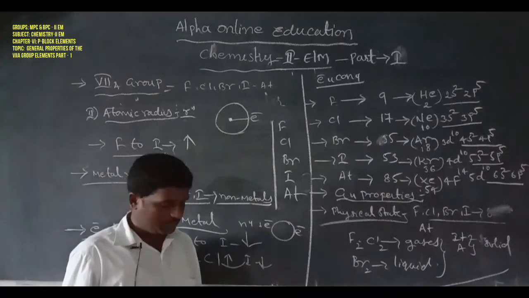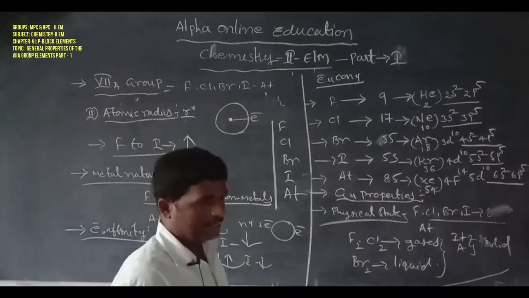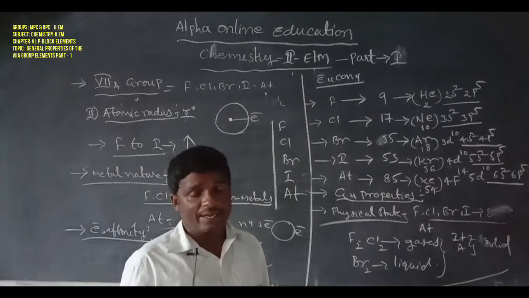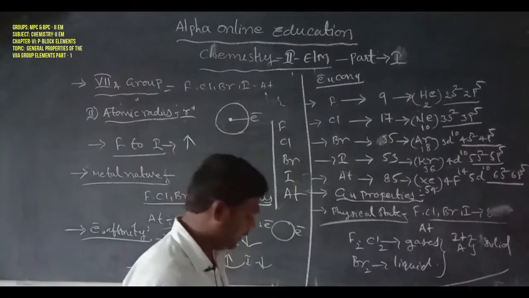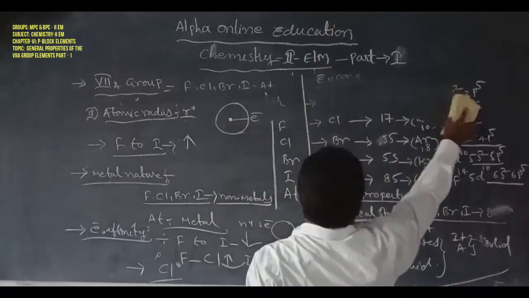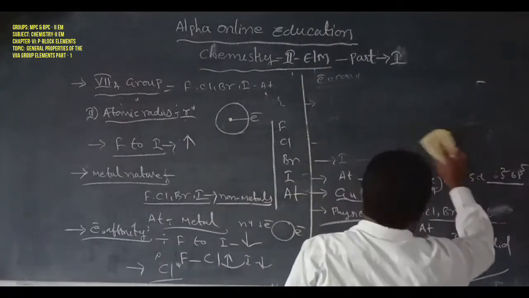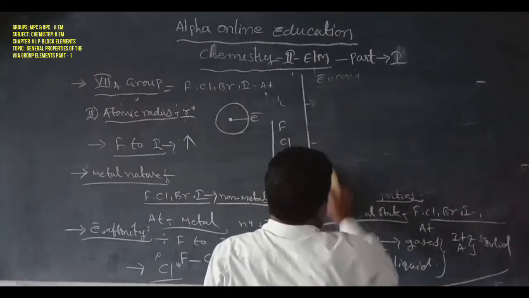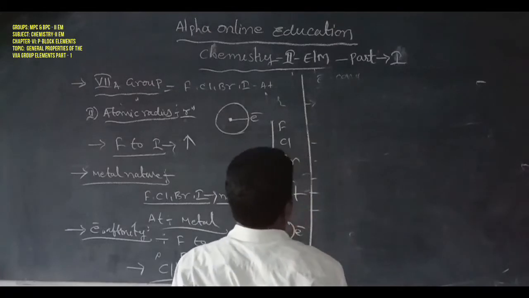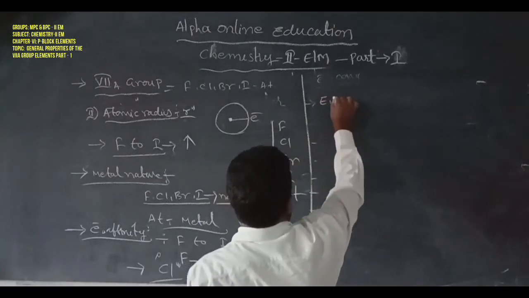Next, another one: electronegativity. The tendency of any atom to gain electrons is called electronegativity.